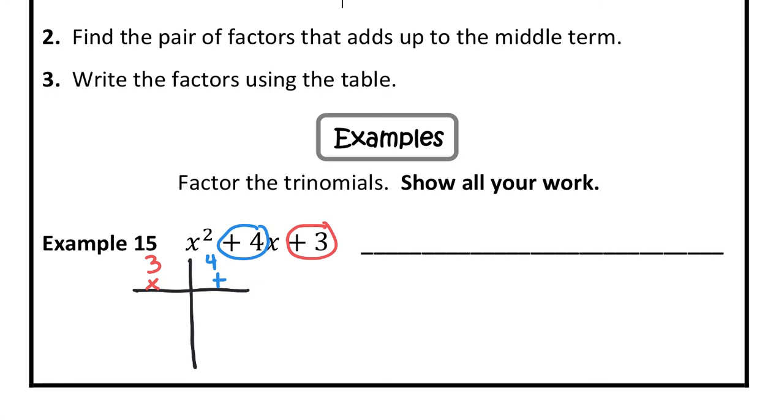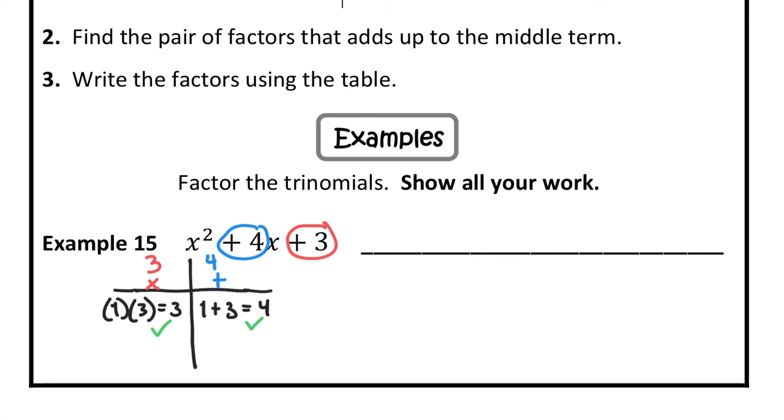So can you think of two numbers that multiply to give me 3? Well, there's only one, right? It's 1 times 3 gives me 3. And using the same numbers, 1 and 3, what happens if I add them? Does that give me the middle term? Yes. So both check off.